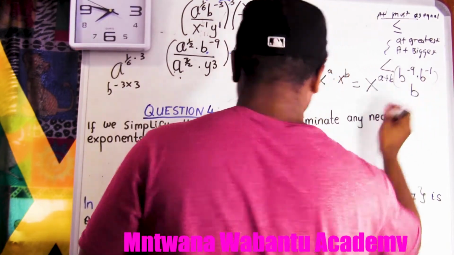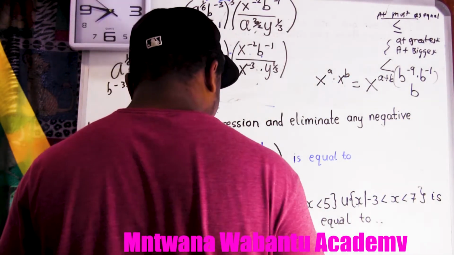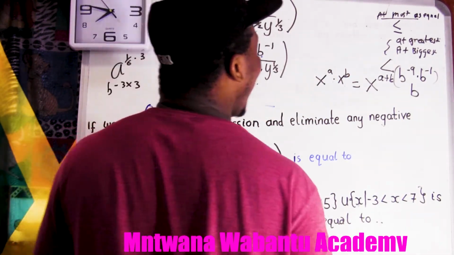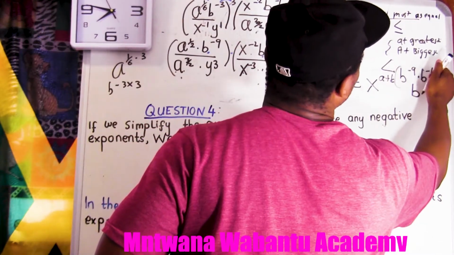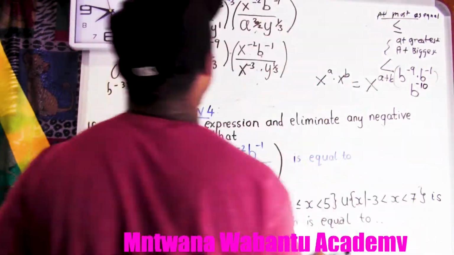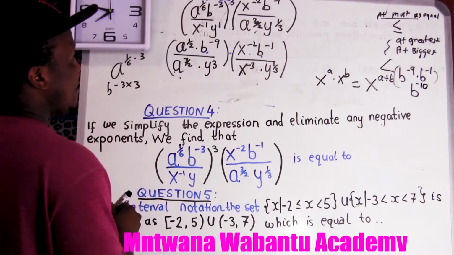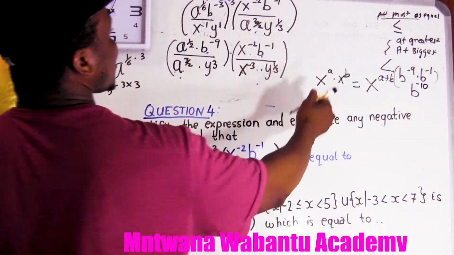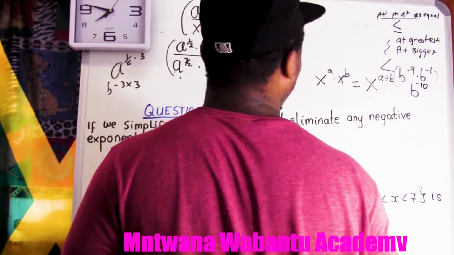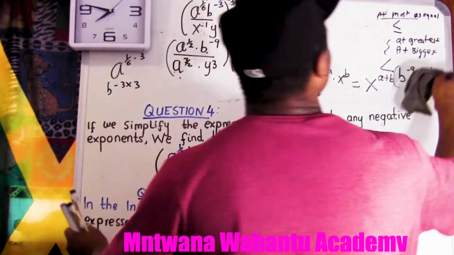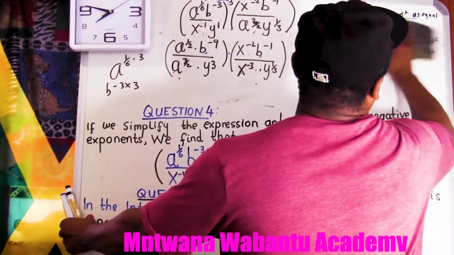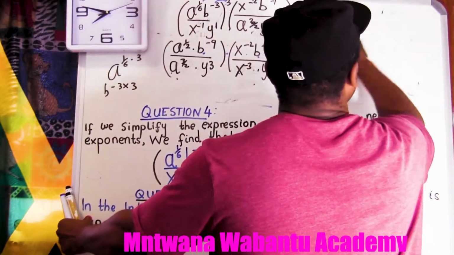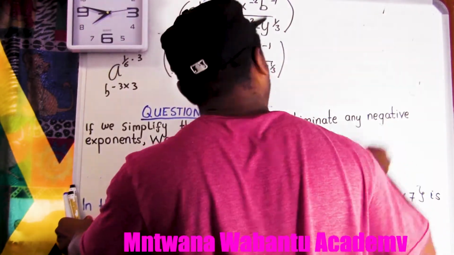I can just say b, and then let me add the powers. Negative 9 plus negative 1 is going to give me negative 10. So now I'm not going to write this b again. Instead, let me say b negative 10. So all those b give me b negative 10 on top.